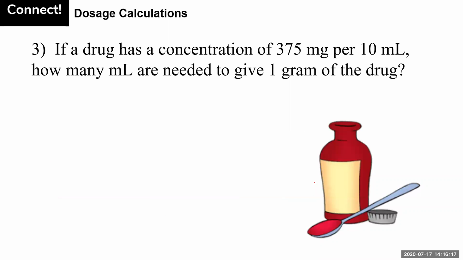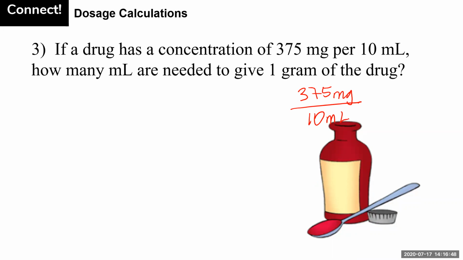Number 3. If a drug has a concentration of 375 milligrams per 10 ml, how many ml are needed to give 1 gram of the drug? So it's 375 milligrams for every 10 ml.